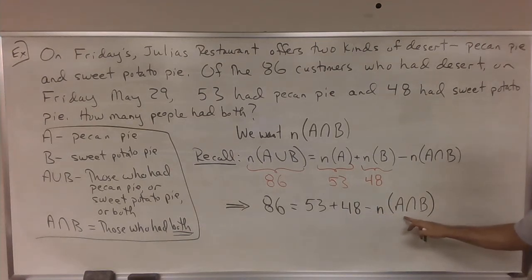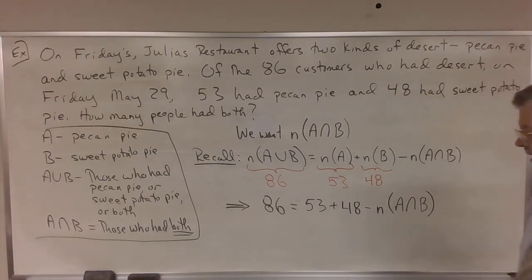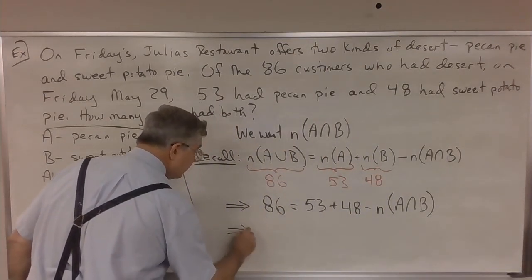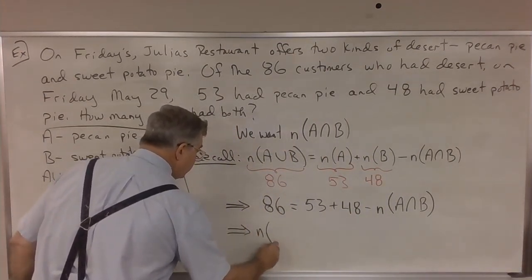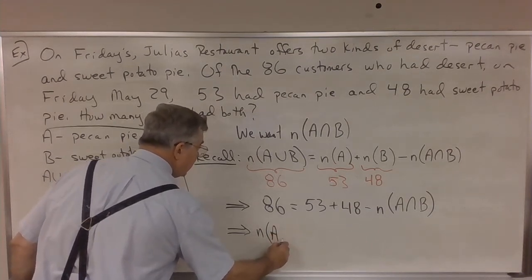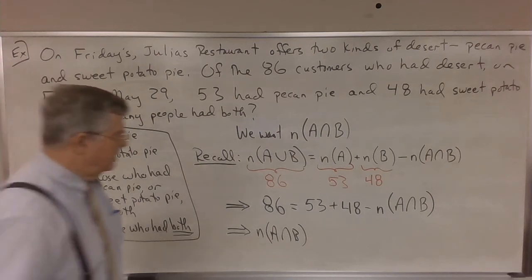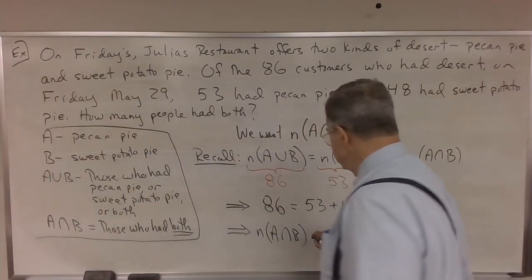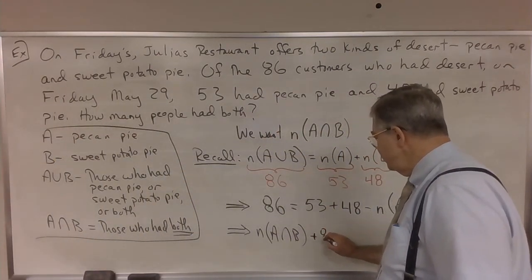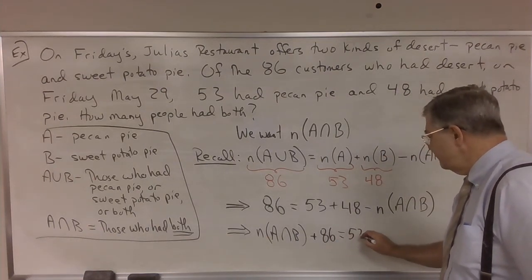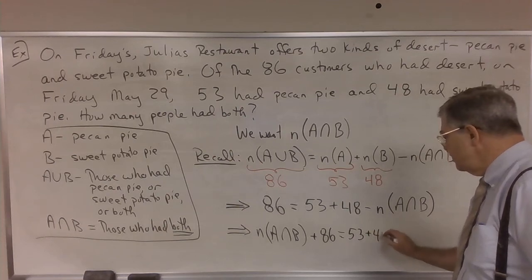I'm going to add this to both sides. And so that will give me the number of people in set A and B plus 86 equals 53 plus 48.